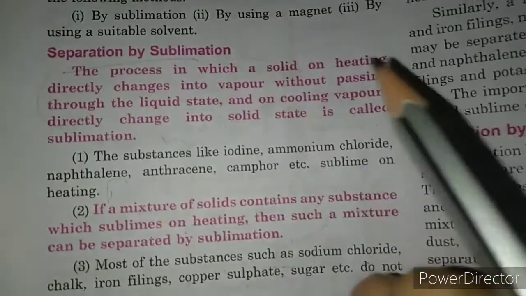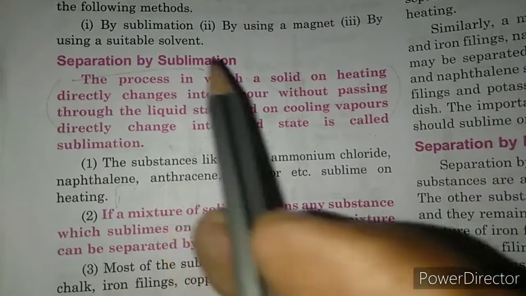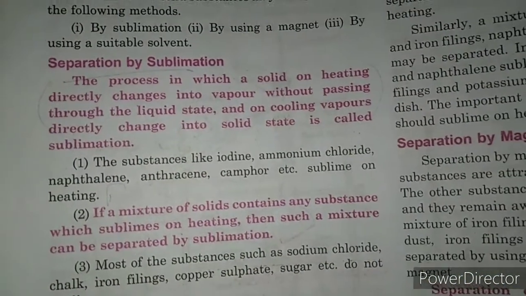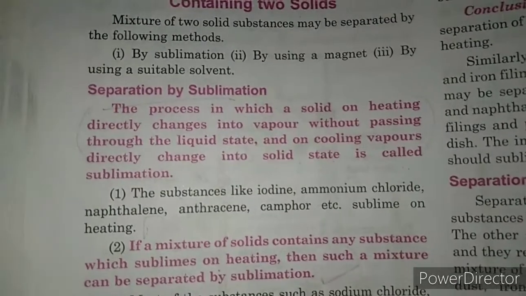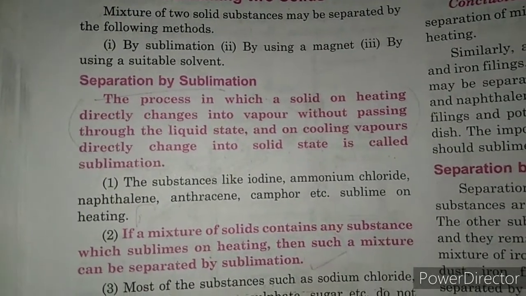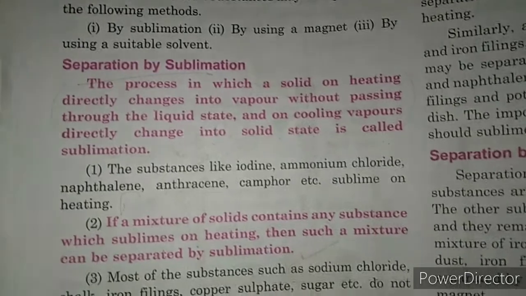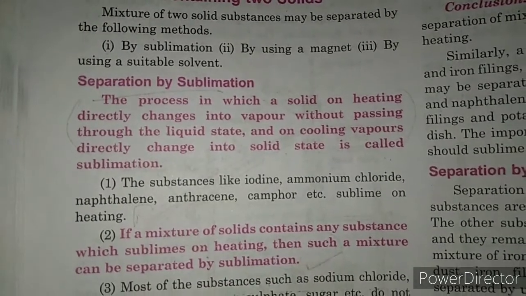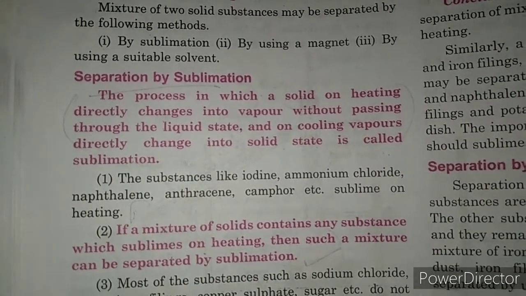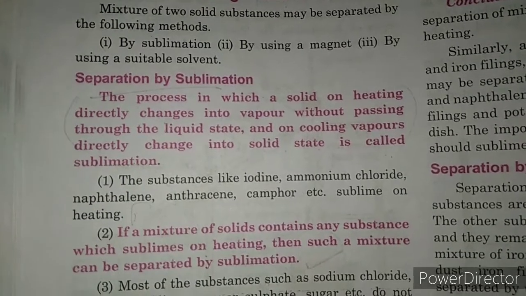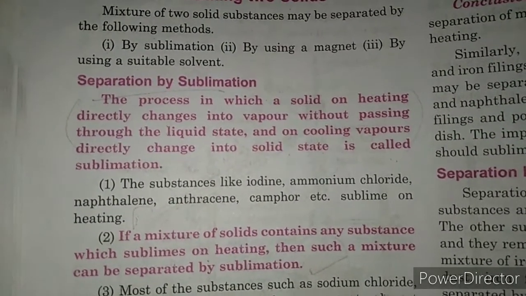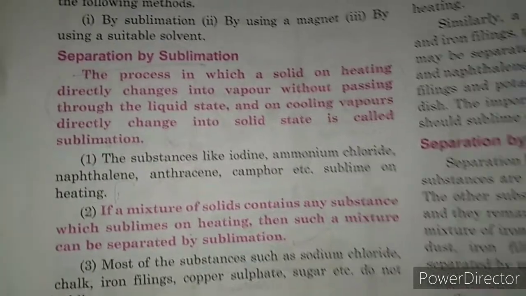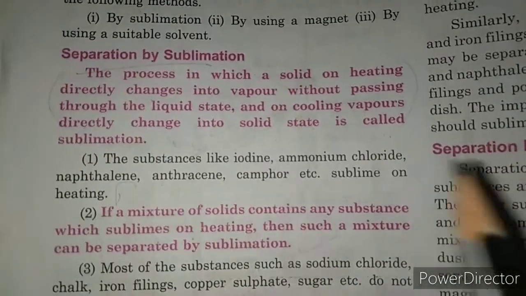So that is why you will write: in the sublimation process, sublime substance can be separated from non-sublimable substance, by which when this mixture is heated, sublime substance is directly converted into gas, leaving behind the non-sublime substance. Right? This is about the separation by sublimation.